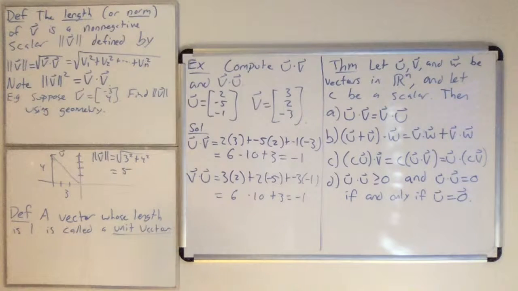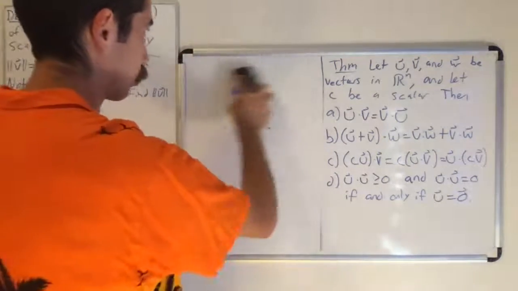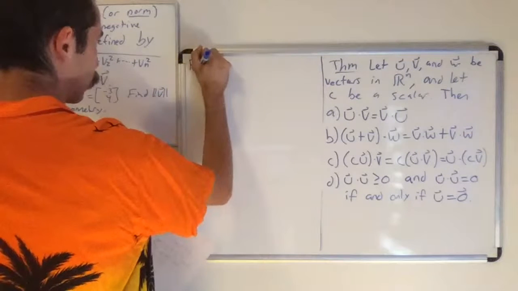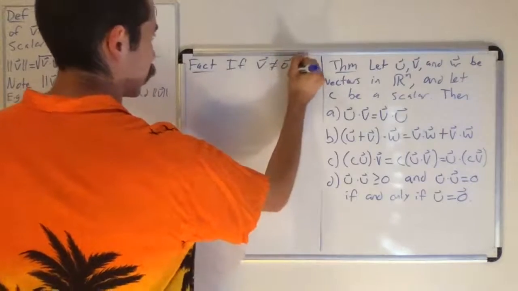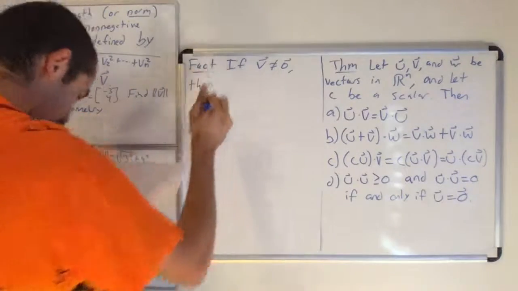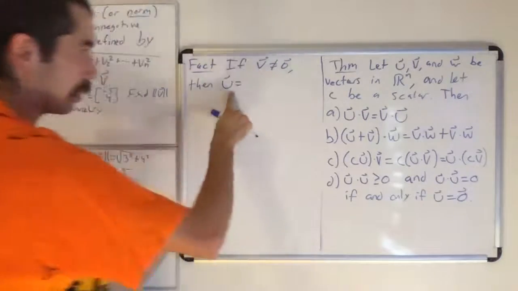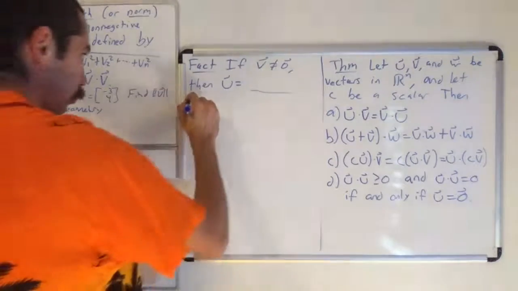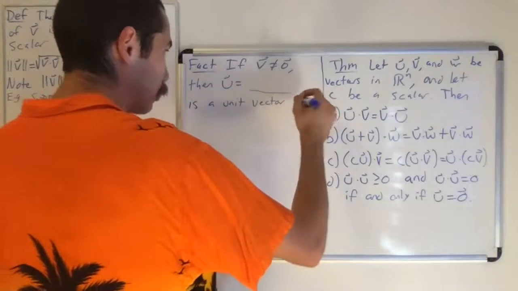And a fact: so V is not the zero vector. Okay, then U equals something. We'll fill in the blanks here. I'm going to ask you for some help. Is a unit vector with the same direction as V.